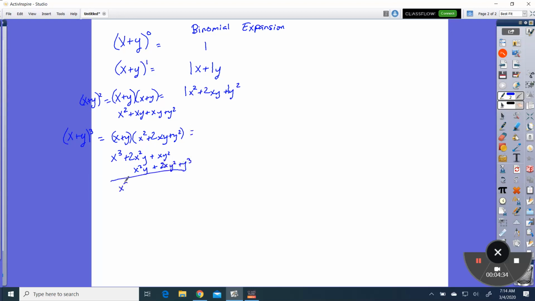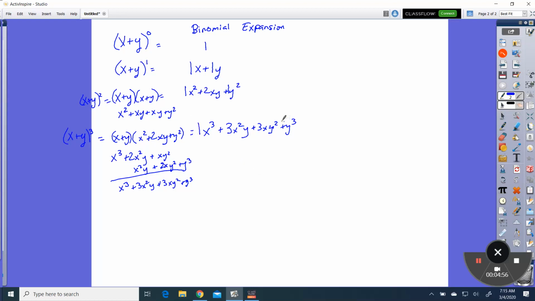So that would be x cubed plus 3x squared y plus 3xy squared plus y cubed. So I'm going kind of fast on this. It's just all the distributive stuff.